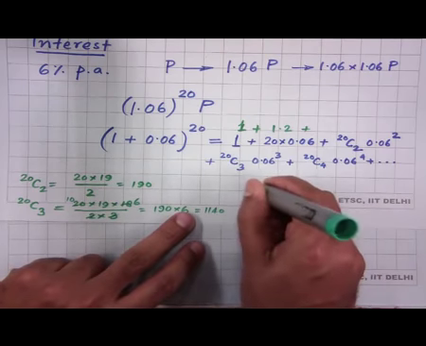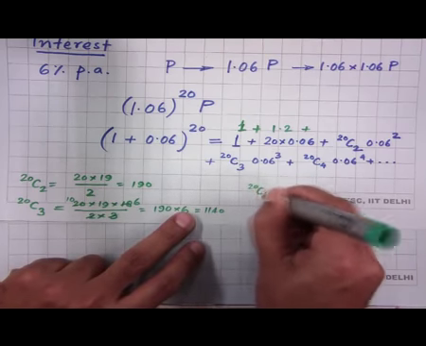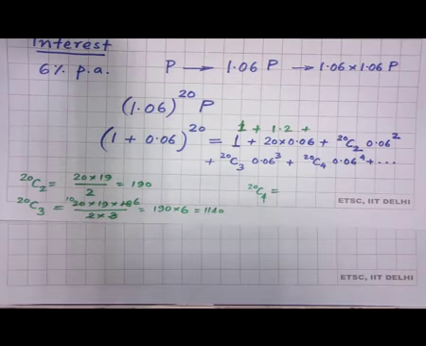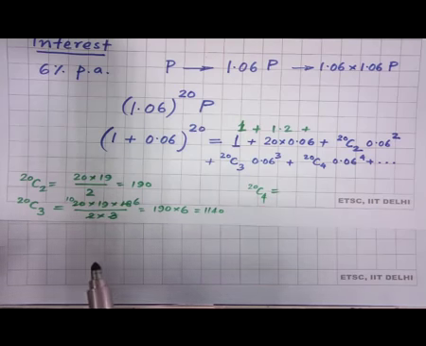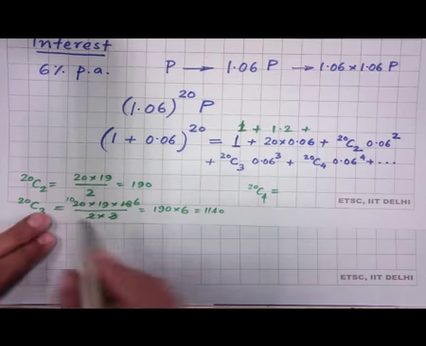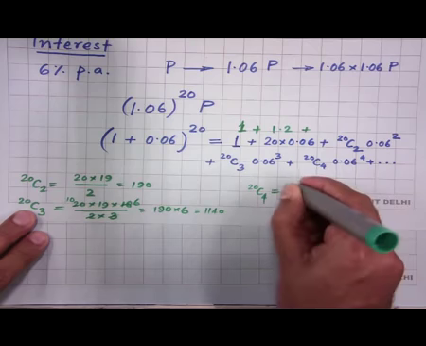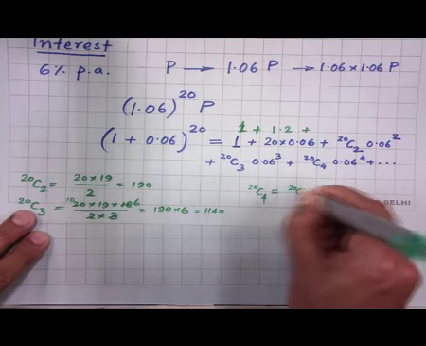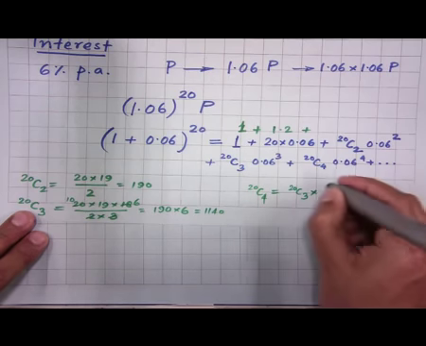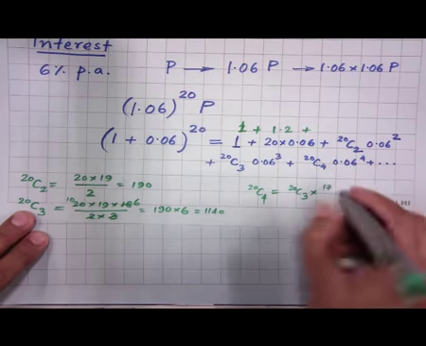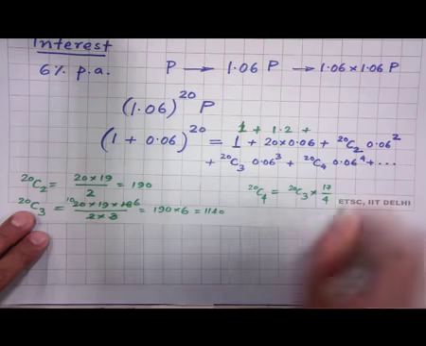I just would like these pre-computed in advance. 20C4 would be 20 into 19 into 18 into 17 divided by 2 into 3 into 4, which is nothing but 20C3 into another 17 on top and 4 in the bottom.